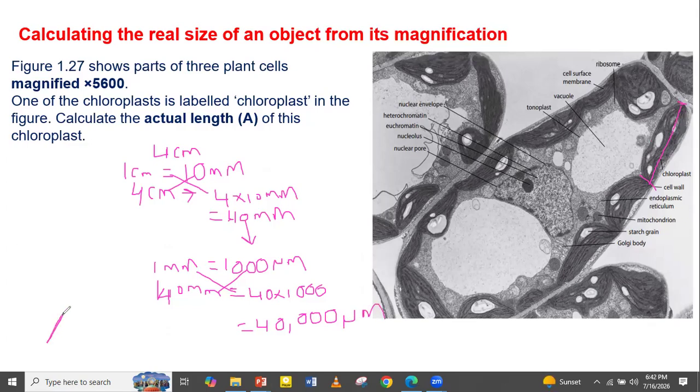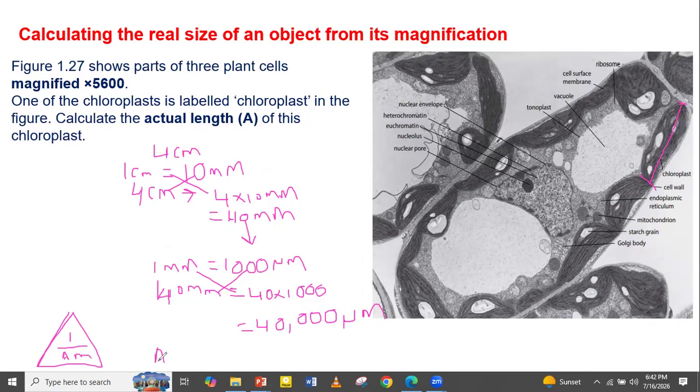Let's use our formula of I A M. We are looking for actual. We have image, which we have measured. We have magnification.